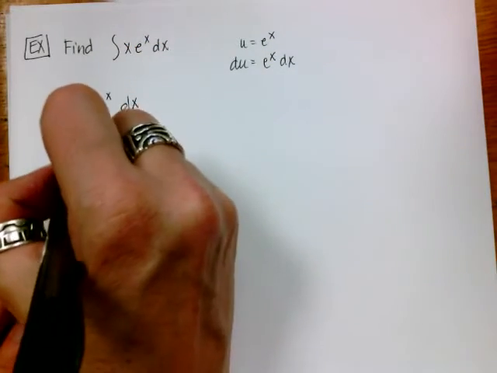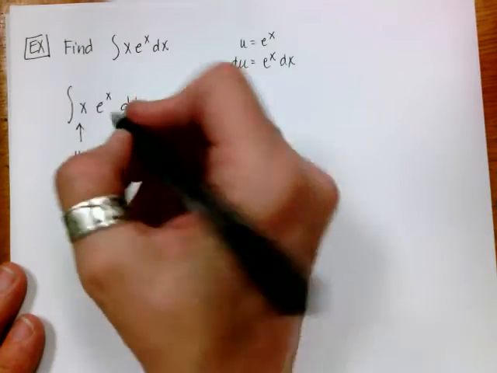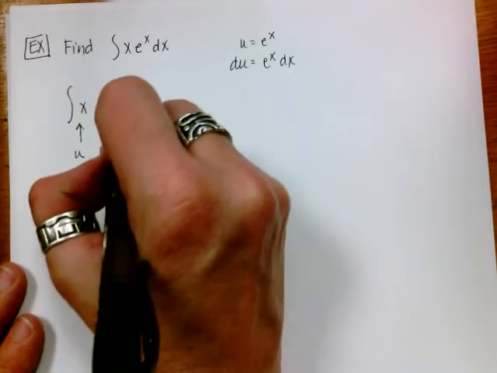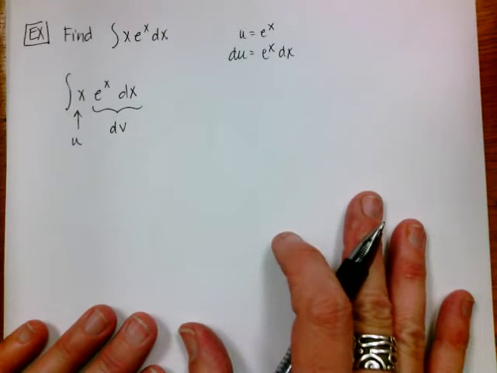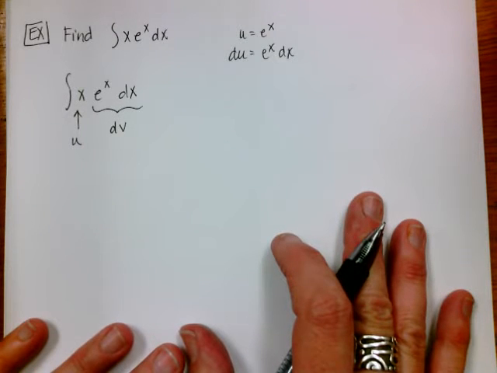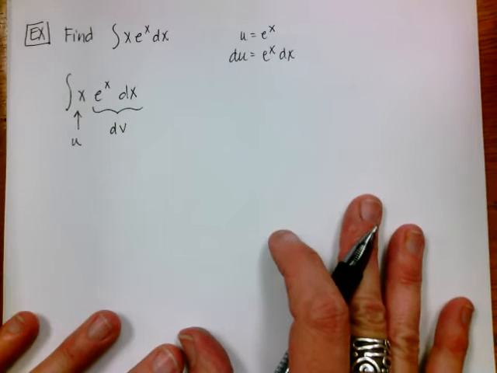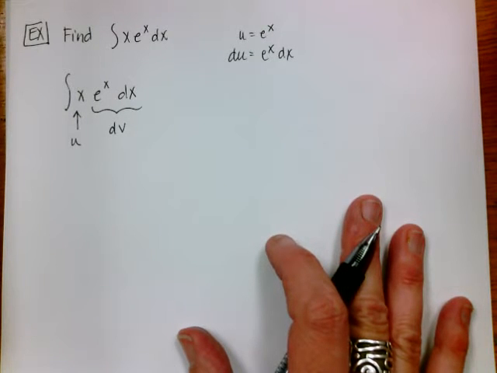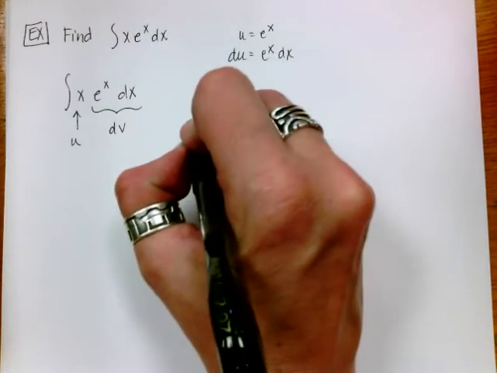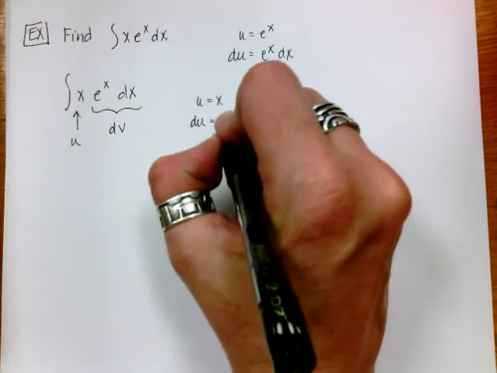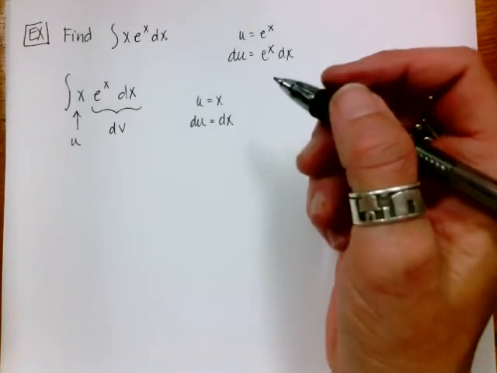What if I let this guy be u, then this be dv? Alrighty? Okay, so let's just start here. And there's a lot of other ways you could break everything up, but we're going to just start here. Alright, so I'm going to let u equal x, then du is equal to dx, okay?